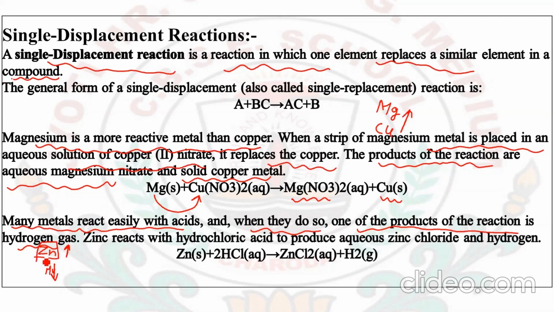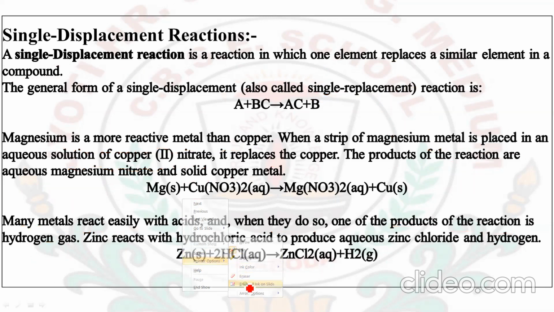So when any such metal is reacted with an acid, the metal will displace the hydrogen and hydrogen gas will be released. As only a single element is displaced here, this type of reaction is also called a single displacement or single replacement reaction.